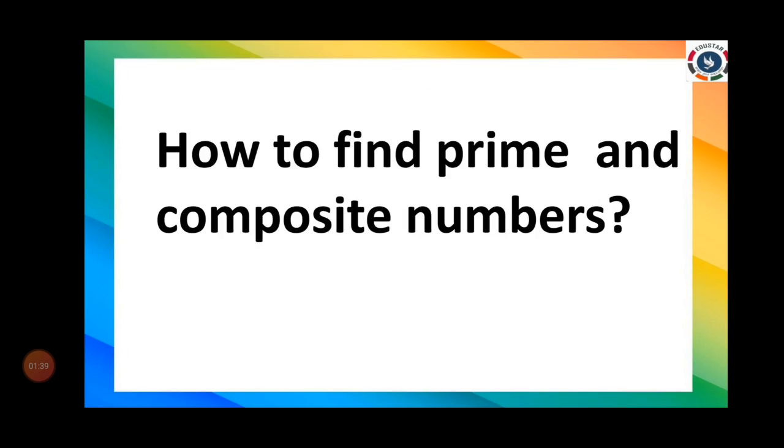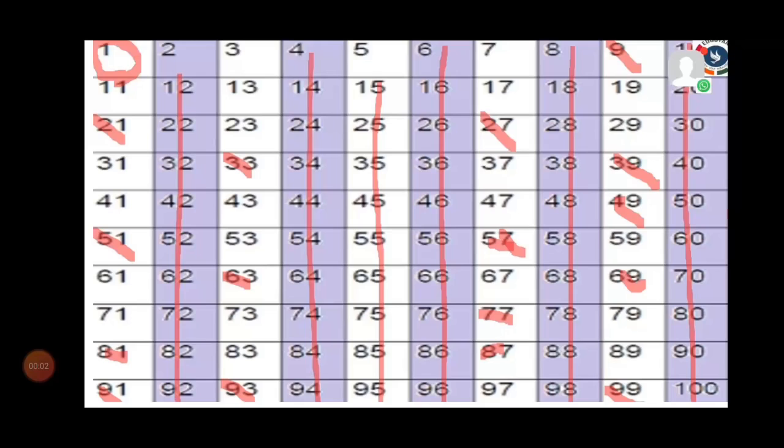Now I am going to explain how to find the prime and composite numbers. Here 1 is the universal factor. 1 is neither a prime number nor a composite number because it is common for all numbers. So all the even numbers, 2, 4, 14, 24, 34 like that, and the 5 counting, and 6, 8, 18, 28, 10, 20, 30, all the even numbers are composite numbers.